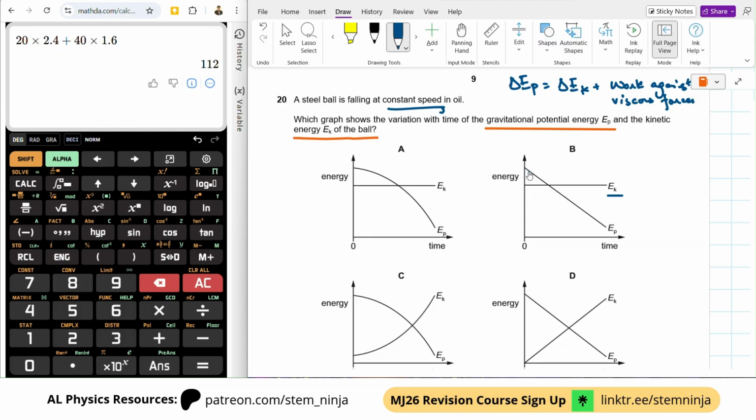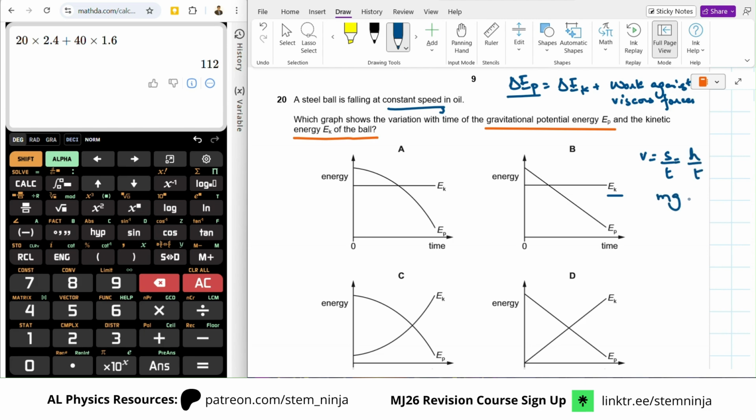But EP, if it's falling at constant speed, means the change in height, constant speed meaning S over T, or basically height over T in this case.